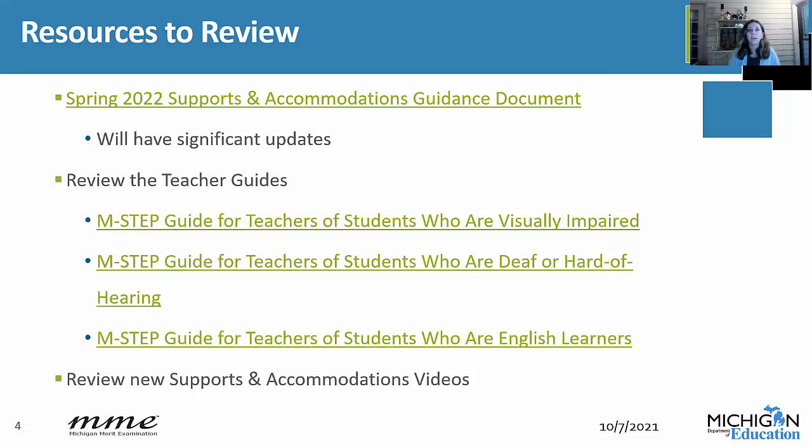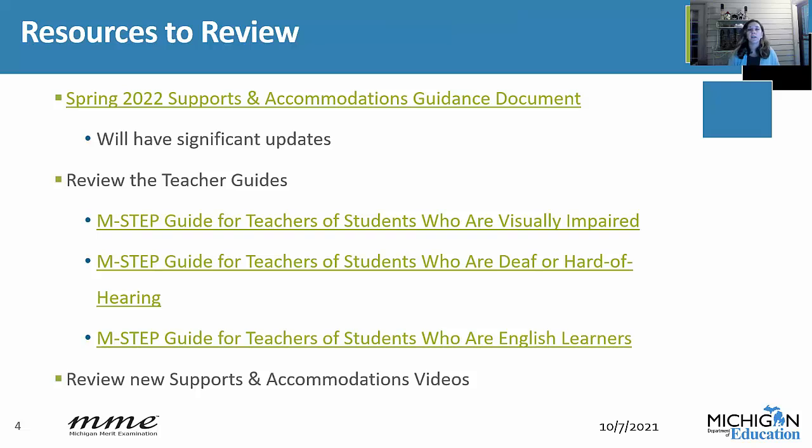There are some new resources that are going to be available for you to review this fall. One is an updated spring 2022 supports and accommodations guidance document. If you're not familiar with this document, this is the compendium of almost everything that you need, especially for the M-STEP assessments and My Access assessments related to supports and accommodations.